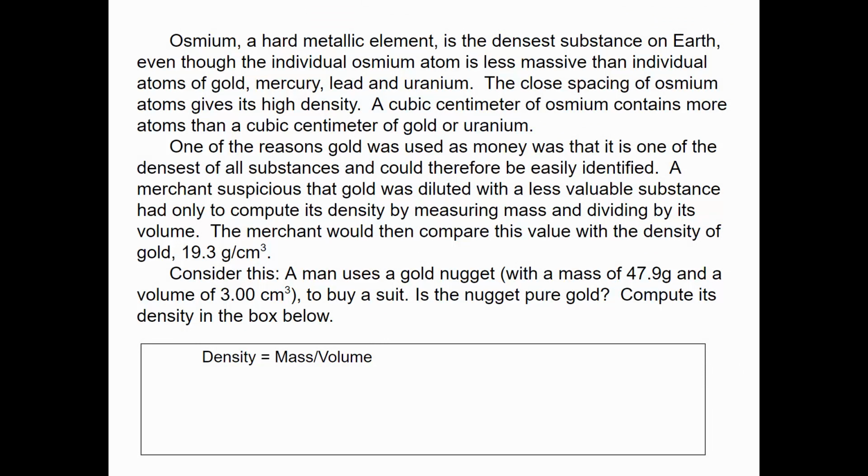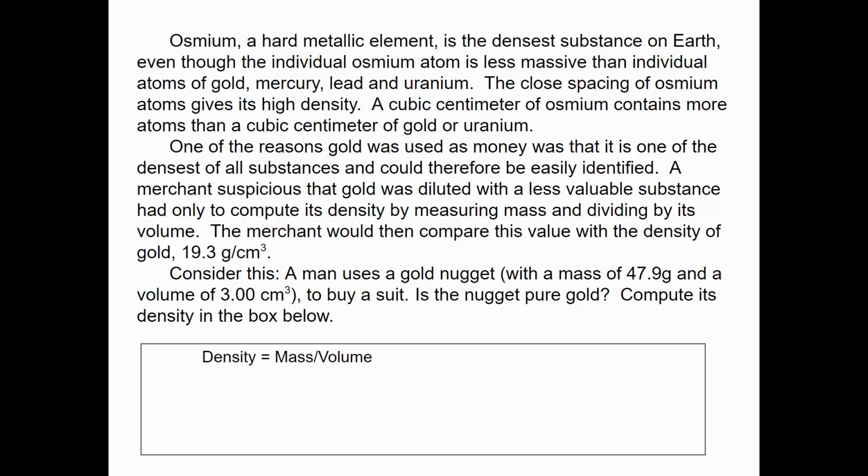All right. That's a lot of text. It is. So, osmium is a hard metallic element, the densest substance on Earth. A cubic centimeter of osmium has more atoms than gold or uranium. Those are also very dense substances. Gold is used as a currency for a couple of reasons.